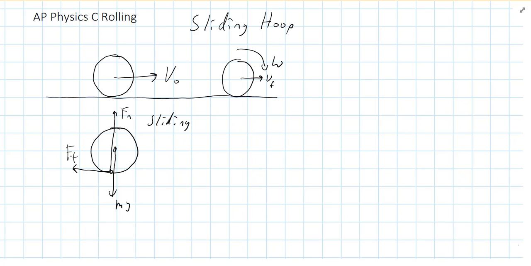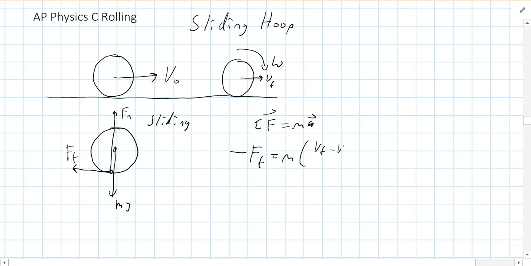Now, I didn't give you any coefficient of friction, so we can't use that. But what I can do is net force equals ma. The only horizontal force acting on the hoop is friction, and it's in the negative direction. So negative the magnitude of friction equals m times acceleration, which is v final minus v naught over time.